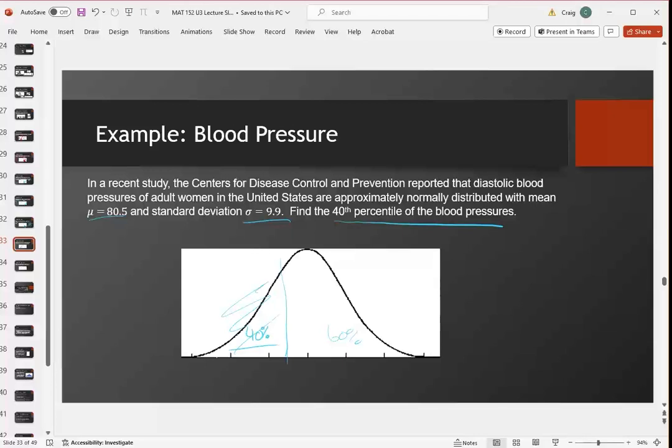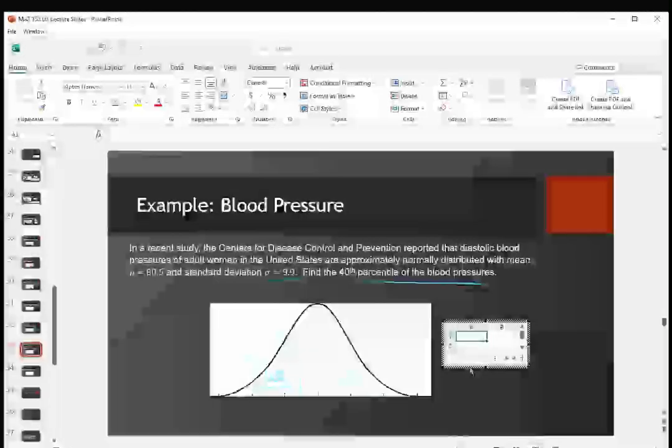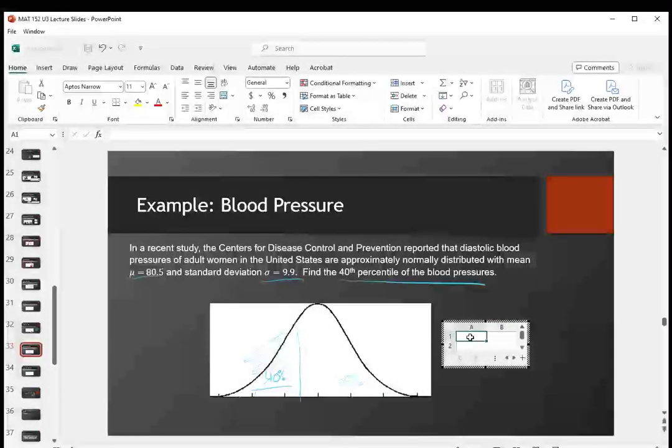Now we have to use Excel to find not the area to the left, because we know we want the area to be 40% or 0.4. But we want the z-score.